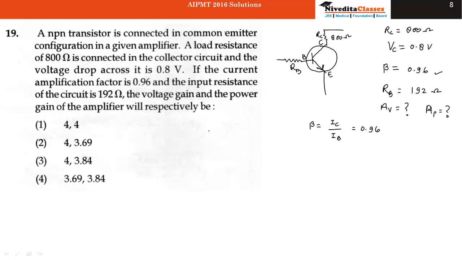We know that V is equal to IR, then we can find current as V upon R. Then IC is equal to Vc upon RC.